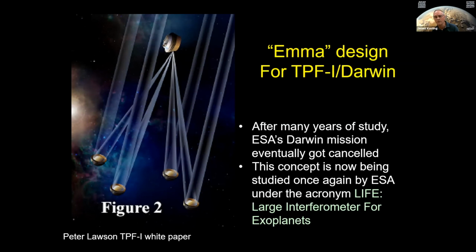Their mission was called Darwin. Alain Leger was the PI on that for many years. Unfortunately, both TPF and Darwin got canceled, but fortunately, both of them show signs of life. In fact, in Europe, the signs of life are called LIFE, the Large Interferometer for Exoplanets, which is now being studied.